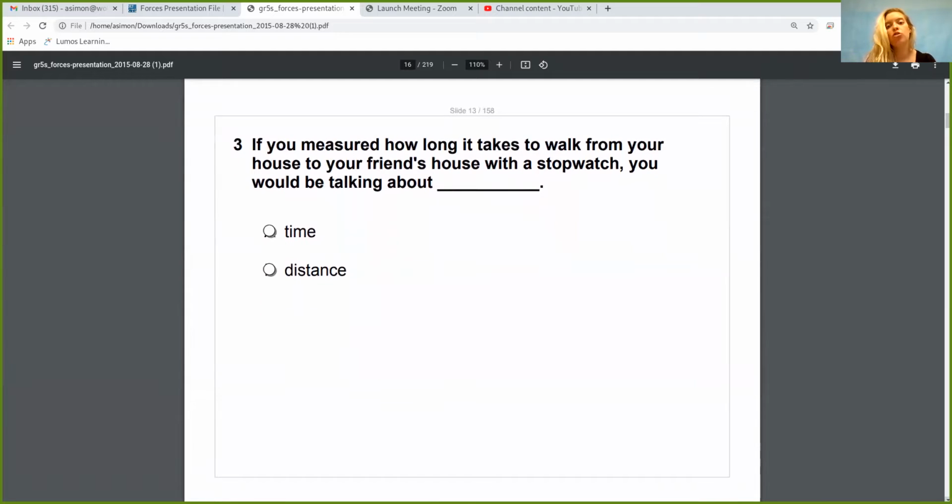So if you measured how long it takes to walk from your house to your friend's house with a stopwatch, are you going to be talking about time or distance? If you're measuring how long it takes to do something with a stopwatch, you're measuring time.